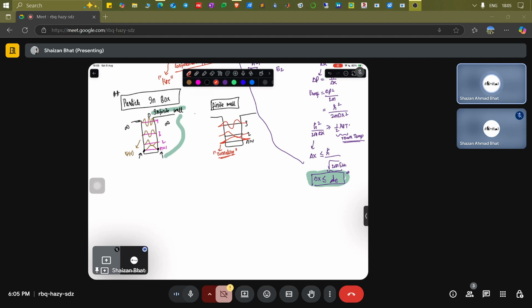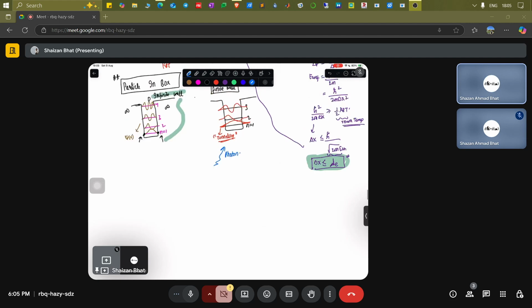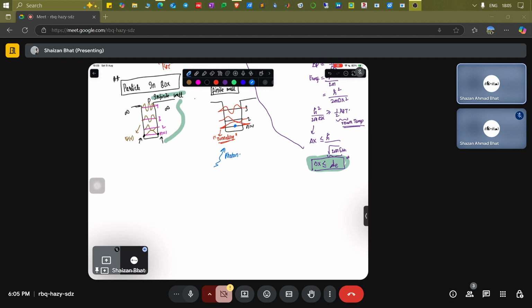Now, what is basically going to happen? There are certain things that are going to happen. First of all, we are going to see which transitions are possible. Let's say, for example, a photon comes in. Can this electron arbitrarily go to the third state? Can this electron arbitrarily go to the second state, or can it go to any state?